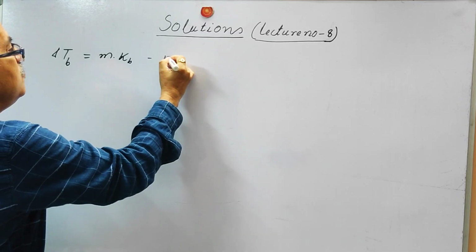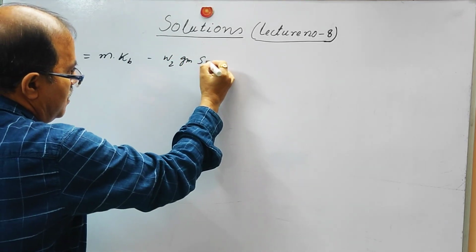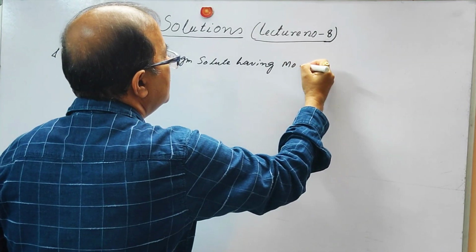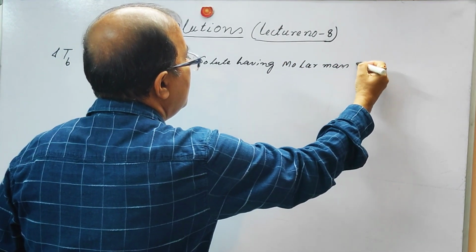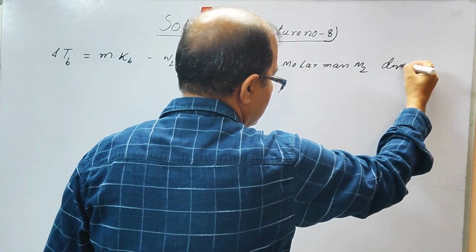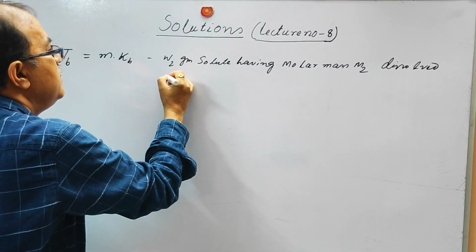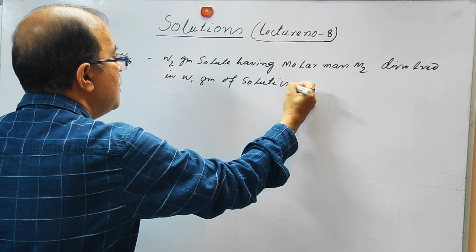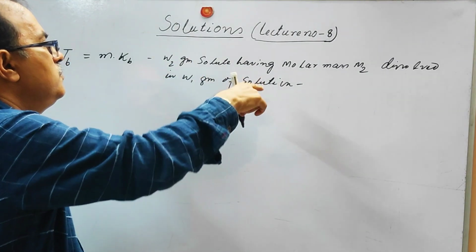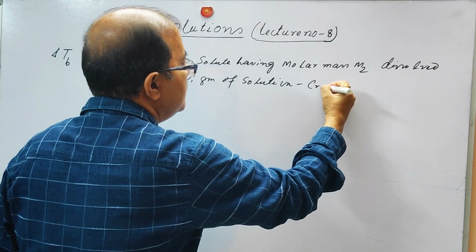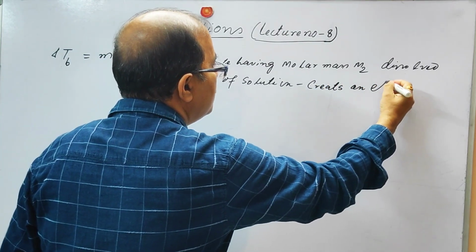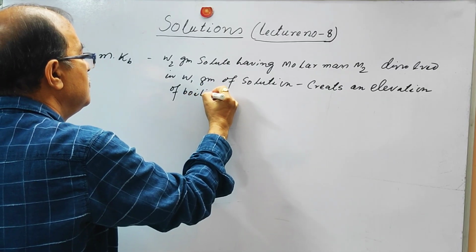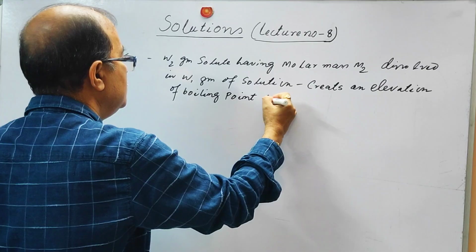Suppose W2 gram of solute, having molar mass of M2, is dissolved in W1 gram of solvent, and when we add the solute in the solution, it creates an elevation of the boiling point, that is delta Tb.